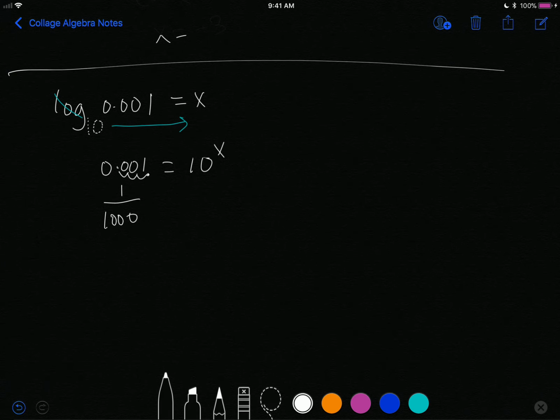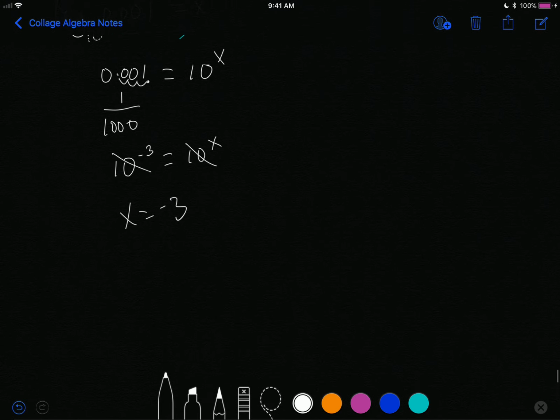So in scientific notation, when we move the decimal point to the right, we get negative powers. That's going to be 10 to the -3. Now that I have that, these cancel. x is equal to -3. Log base 10 of 0.001 will evaluate to -3.